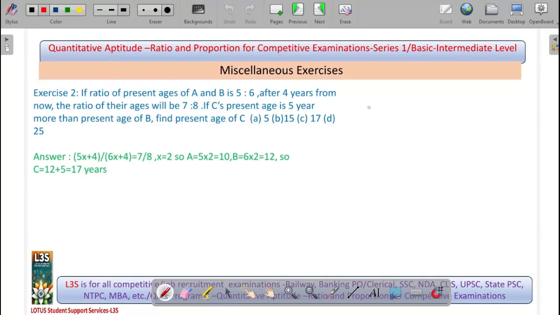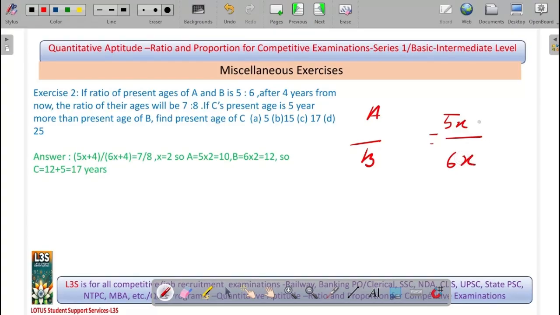So here again, the present ages of A and B are in the ratio 5:6, so this is 5x, and this is 6x.